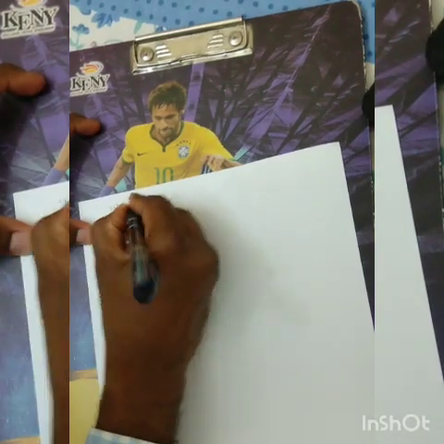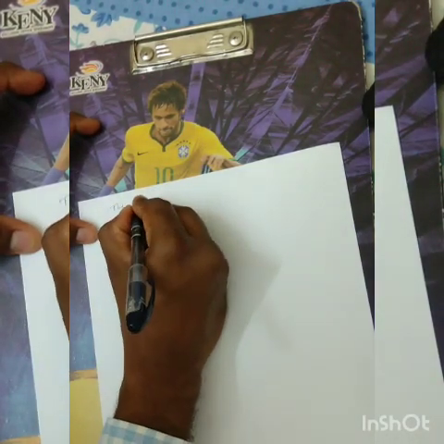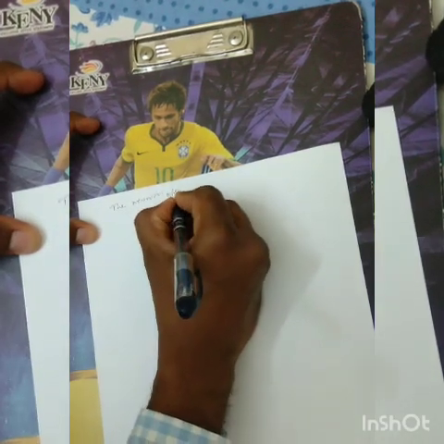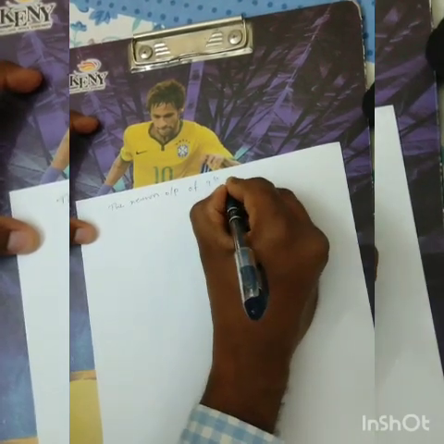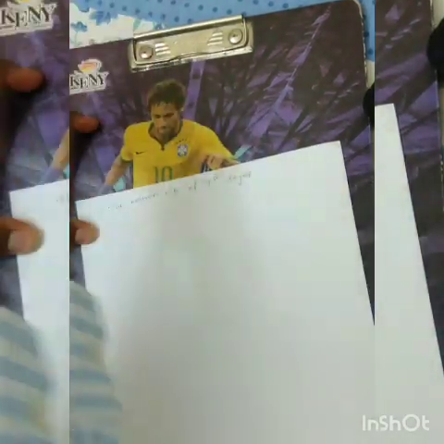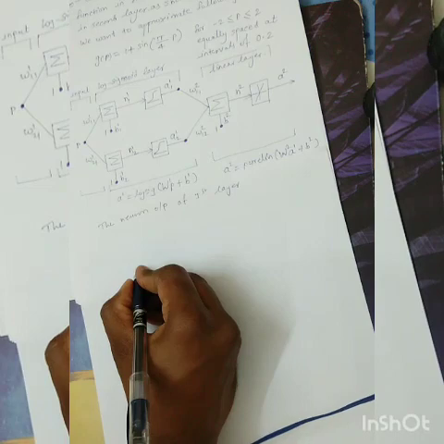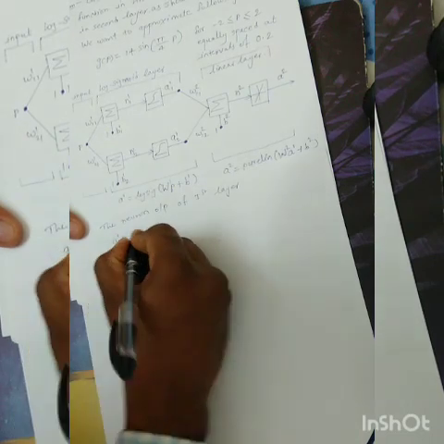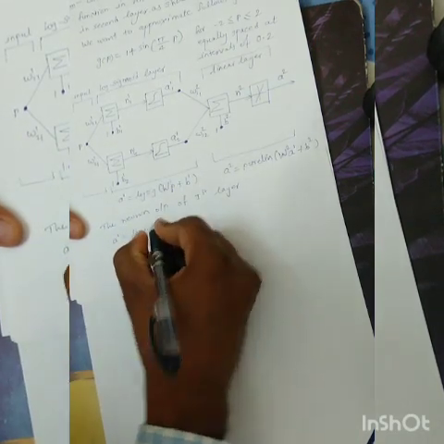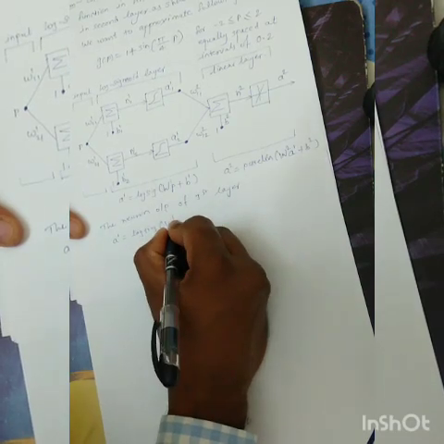The neuron output of first layer, we can observe it from the diagram, that is A1 is equal to log sig of W1 P plus B1.